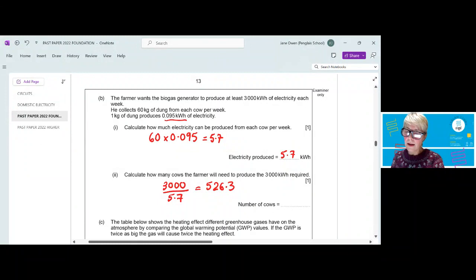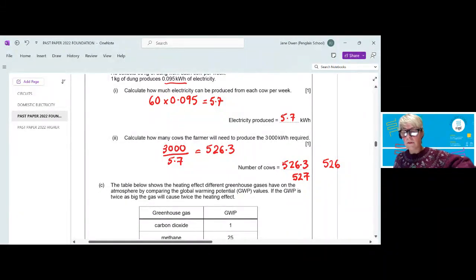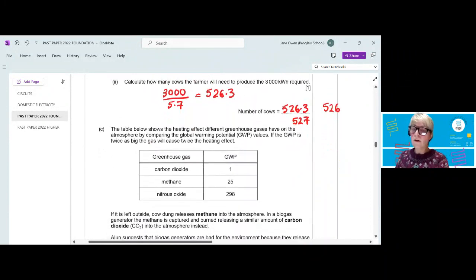Okay, now you can't get 0.3 of a cow, so you could round this to 527. You can either leave it as 526.3 or go up to 527, but actually they would accept it if you round it to 526. But think about it, you need a third of a cow, you can't get away with that, so you're going to have a whole cow to give you what's required.